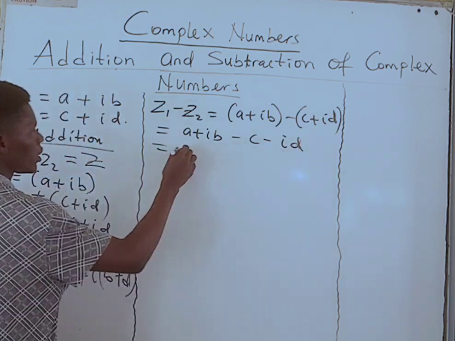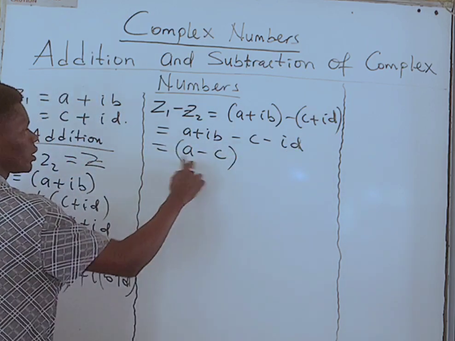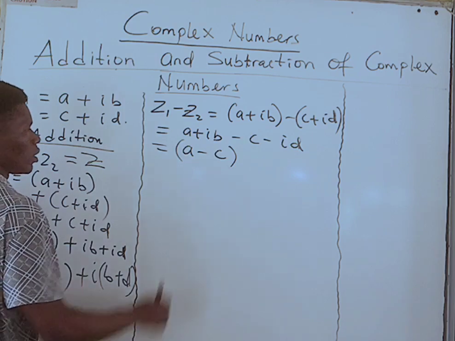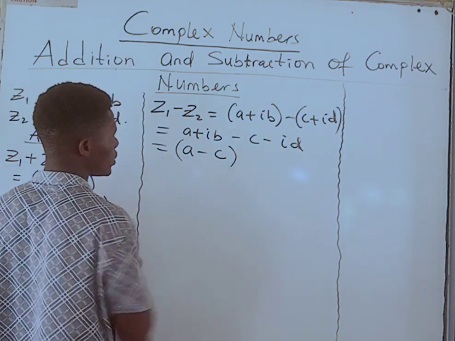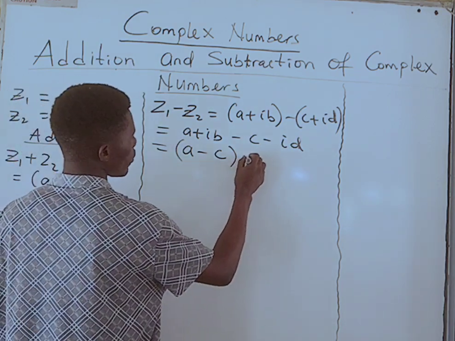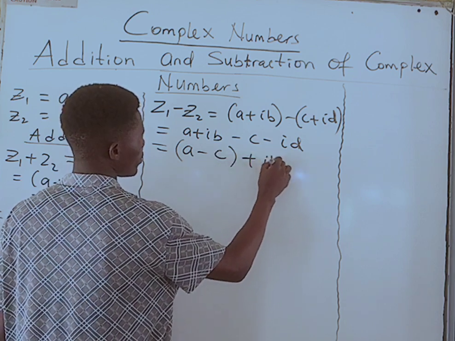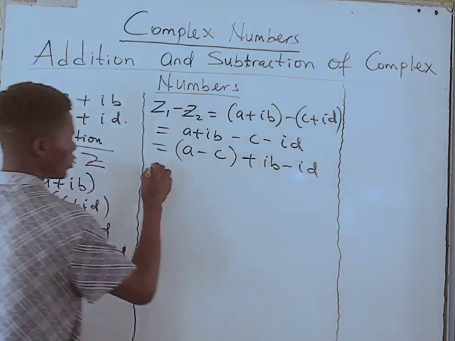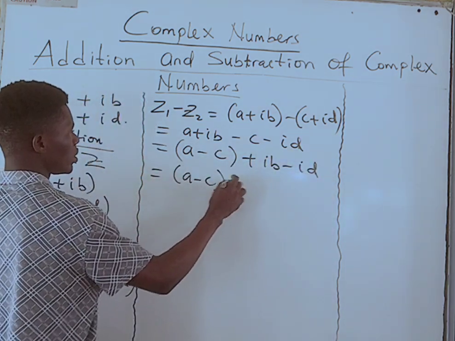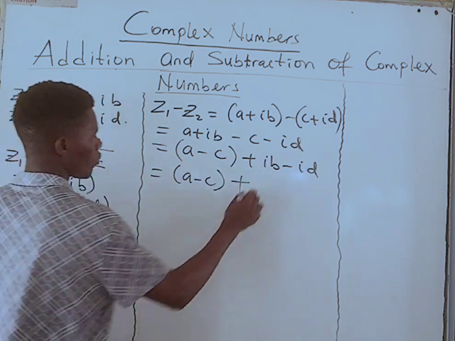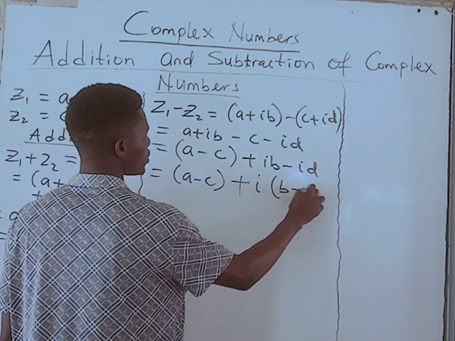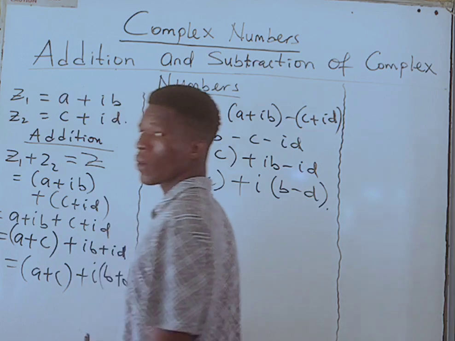Again, we bring together the real parts, A minus C, and then the imaginary part, plus IB minus ID. We have A minus C plus, then we factorize out the imaginary unit, then we have B minus D in the bracket.